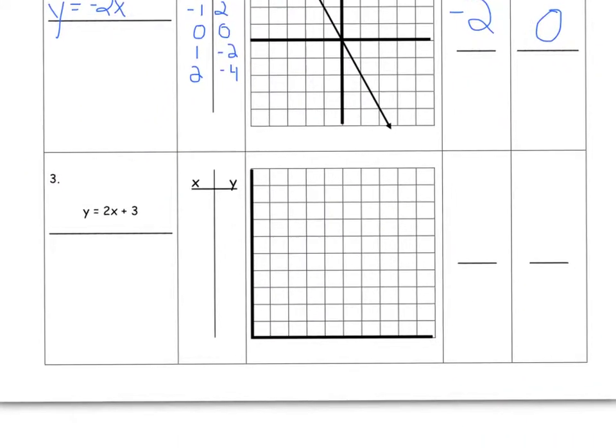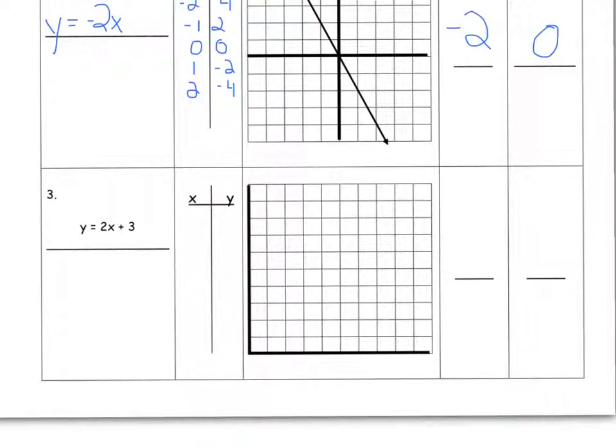Alright, number 3. In this case, the equation is given to us, y equals 2x plus 3. So we can figure out the table just from looking at the equation. When x is 0, according to the equation, y is going to be 3.